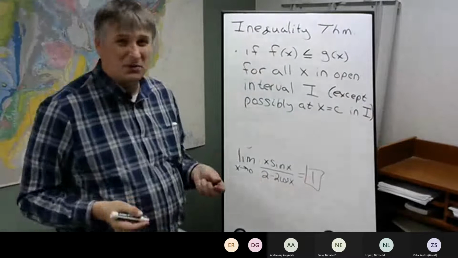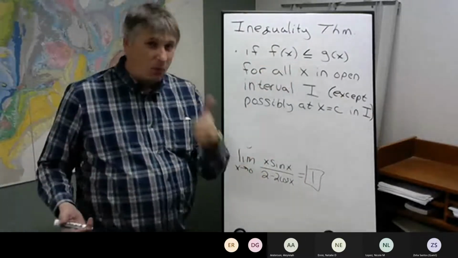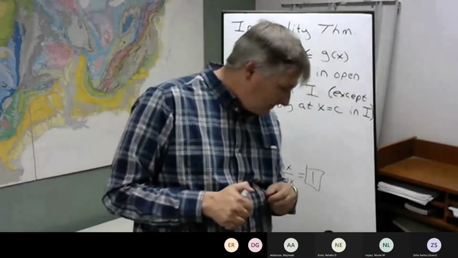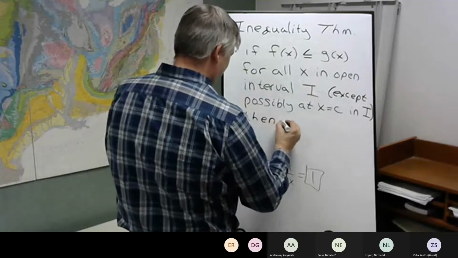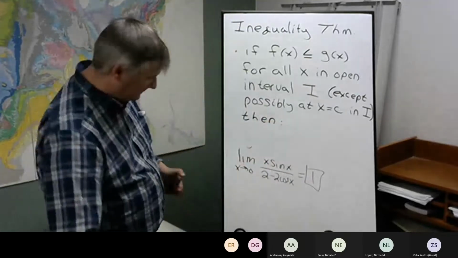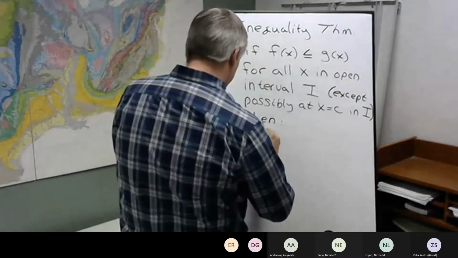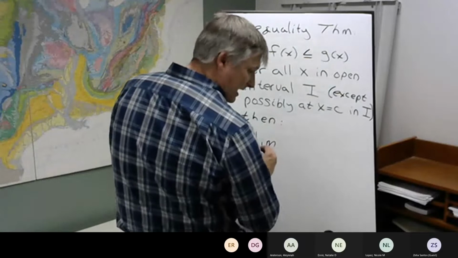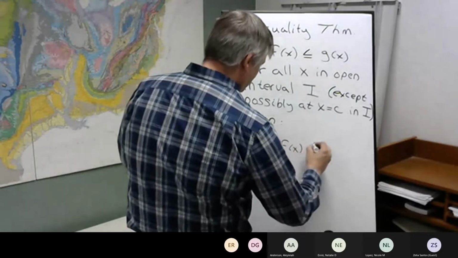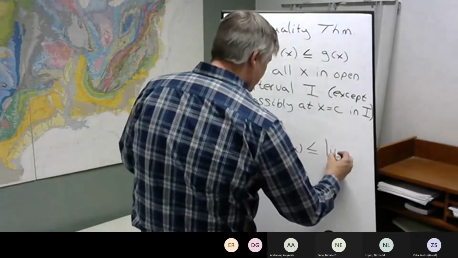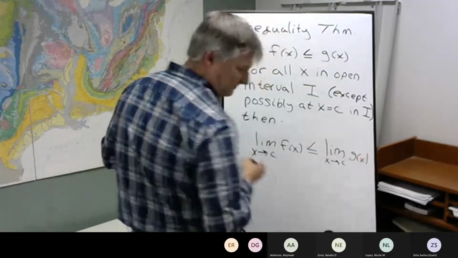So there might be some value c, again, just like before, that's in this interval where this happens not to hold at that one point. Then the limit as x goes to c of f of x will be less than or equal to the limit as x goes to c of g of x.